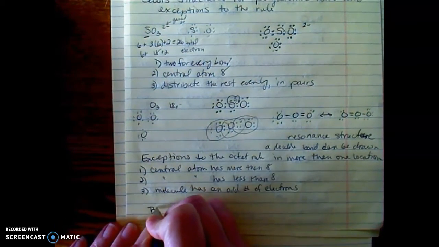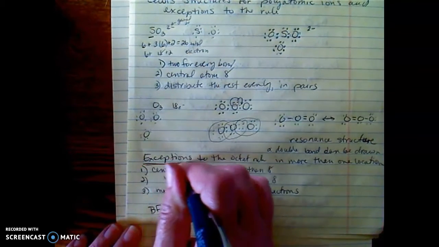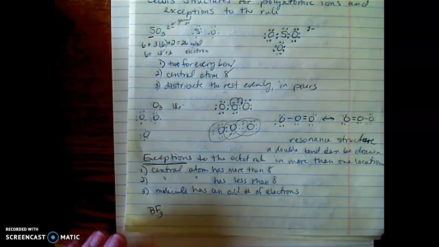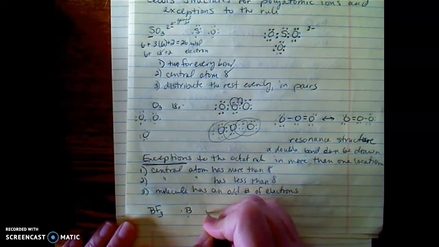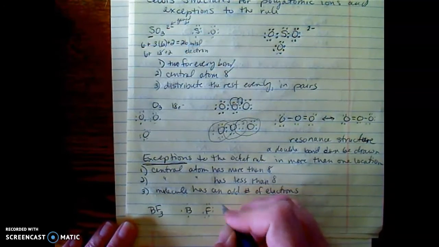We could look at BF3. Now again, you could count or you could draw, but when I see the term exceptions, I typically look at the structures. I do not count. So if I look at boron, it has 3 dots. And then I look at fluorine, and it has 7, and there's 3 of them.